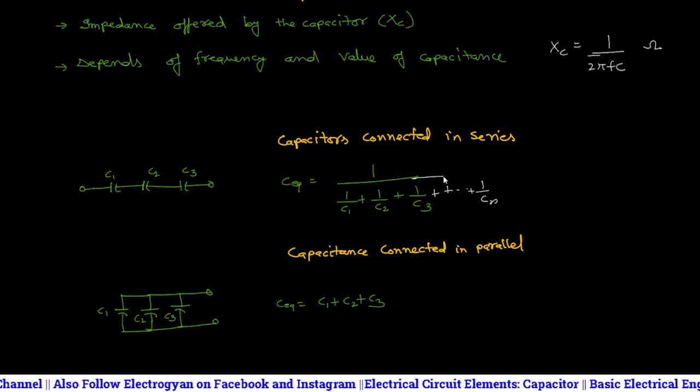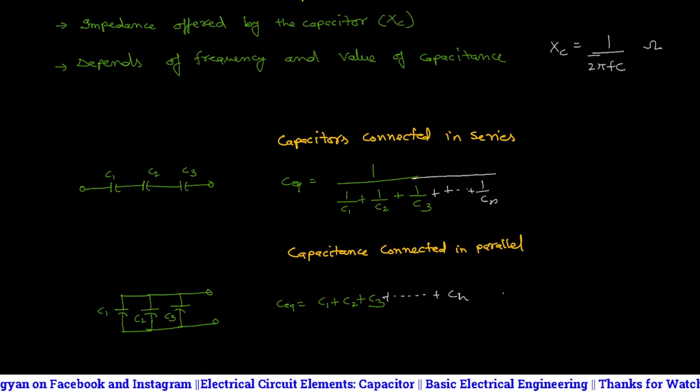And if n capacitors are connected in parallel, then this will be C1 plus C2 plus dot dot dot plus Cn.